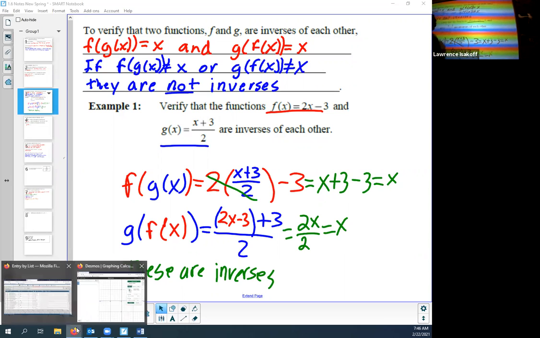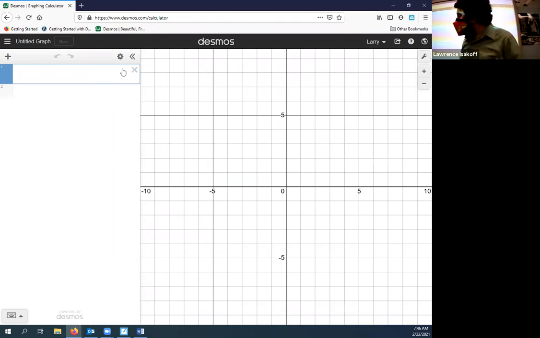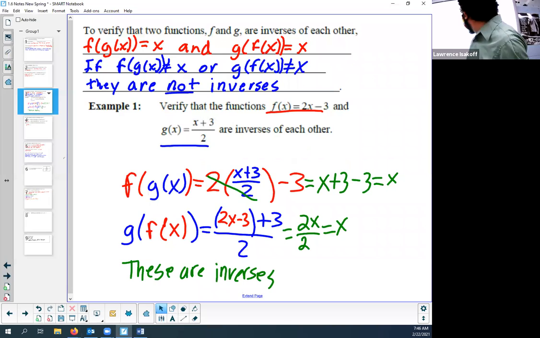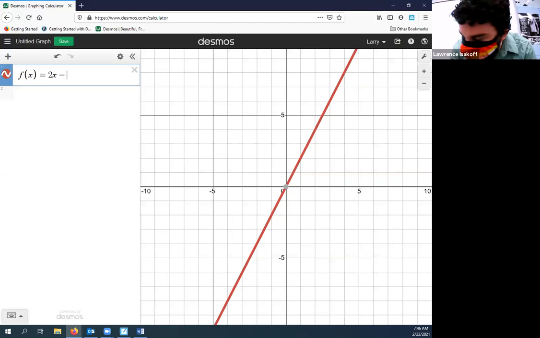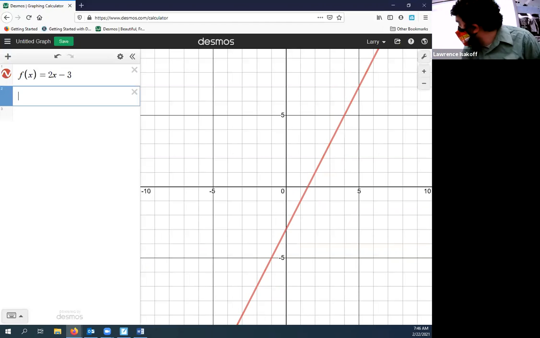So what I'm going to do is just type in these functions, f of x and g of x, just how they are. So f of x is equal to 2x minus 3. Okay, so that's that function in red.